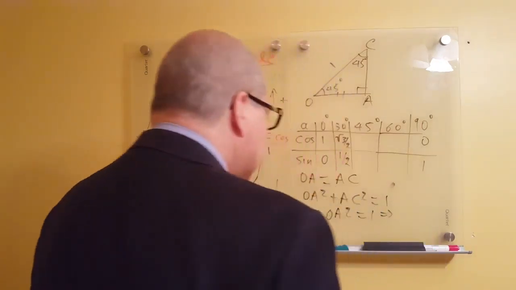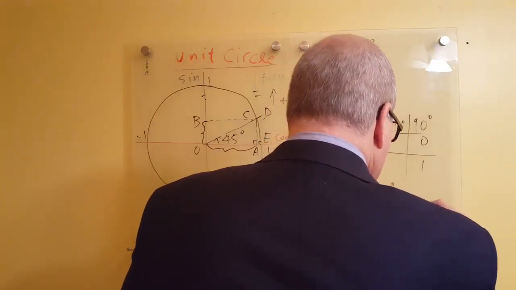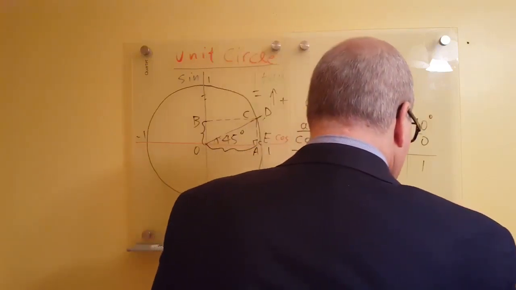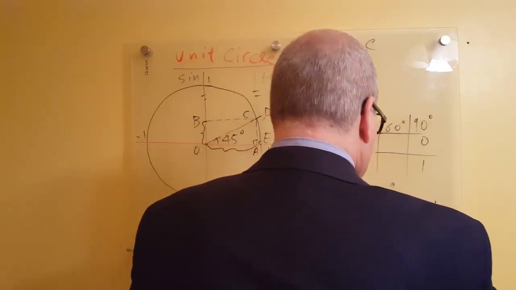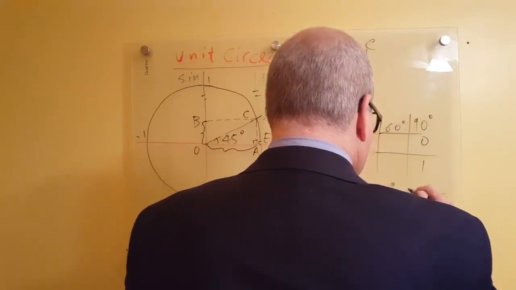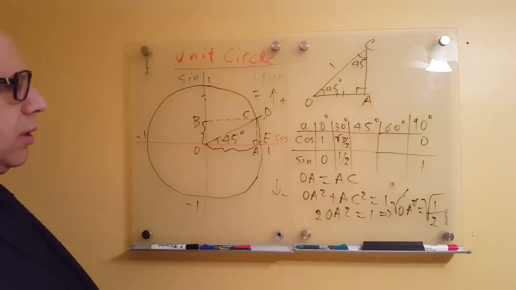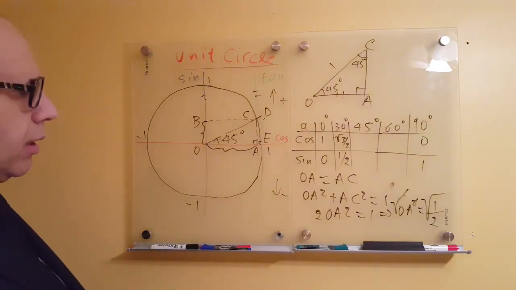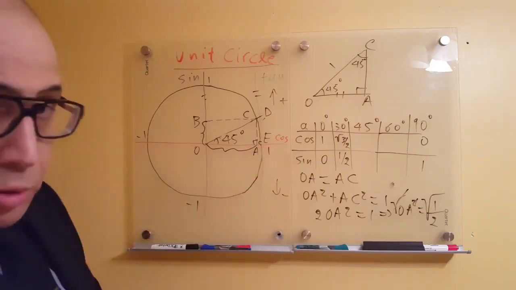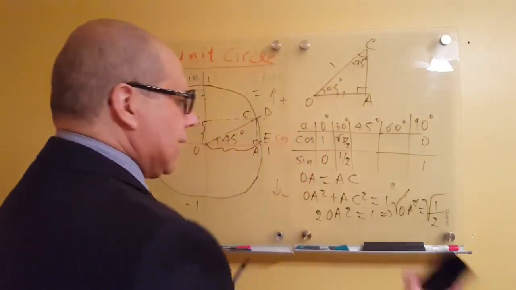So from that you get that OA squared is equal to 1 over 2. So then if you take the square root on both sides, you have that OA is equal to the square root of 1 over 2.